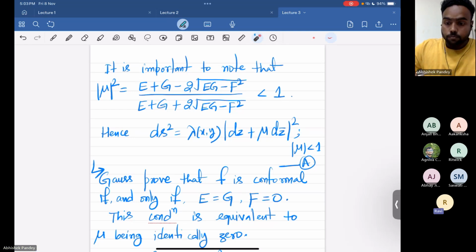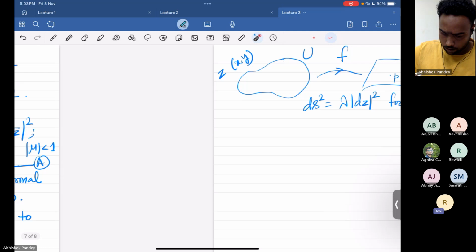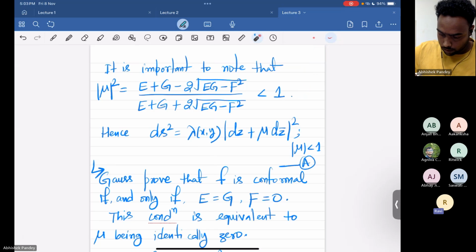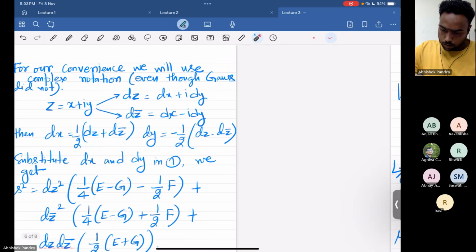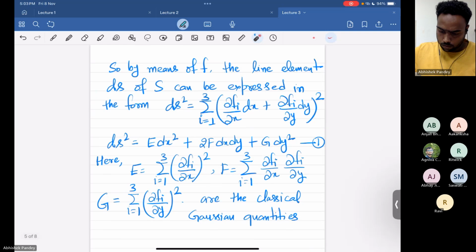One more question. What is the geometrical meaning of this dx square? We know dx is a dual of the tangent space. Is it dx square, or dx whole square? Dx whole square it is.